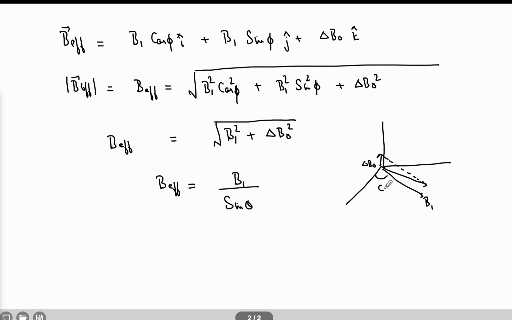So this angle is phi, and theta is the angle which B effective is making with respect to the z-axis, or the angle between delta B naught and B effective. So that angle is theta. So B effective can be written in terms of B1 and sine theta, right? I mean perpendicular upon hypotenuse. So simple trigonometry.